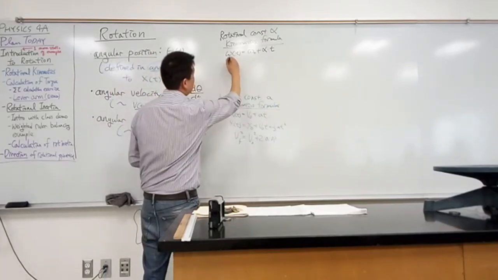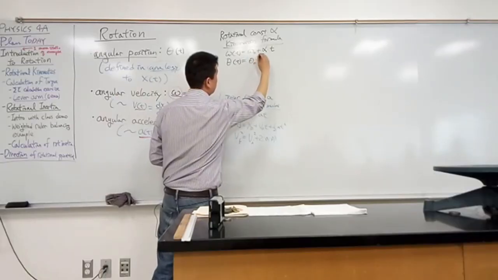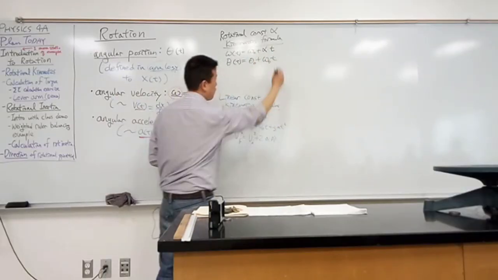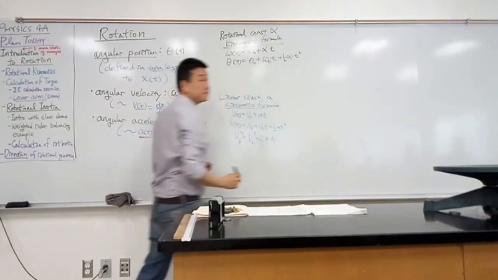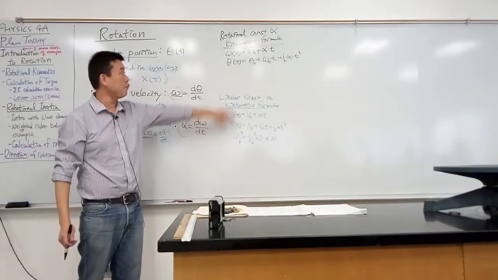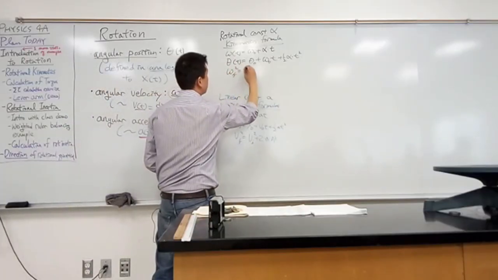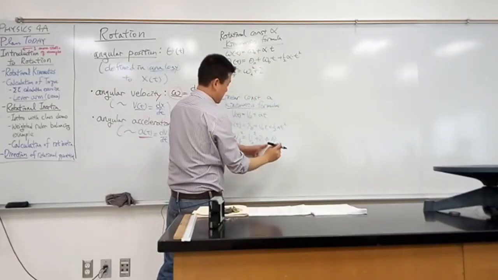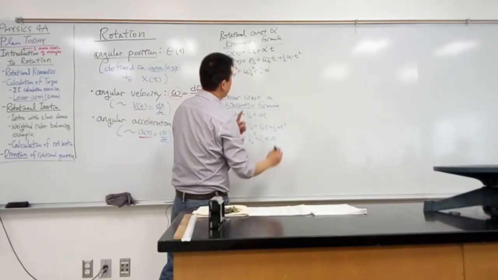So theta as a function of time is equal to initial position plus initial angular velocity times time plus 1/2 angular acceleration times time squared. Or the v squared formula in the rotational version: omega final squared is equal to omega initial squared plus 2 times angular acceleration times change of angle.